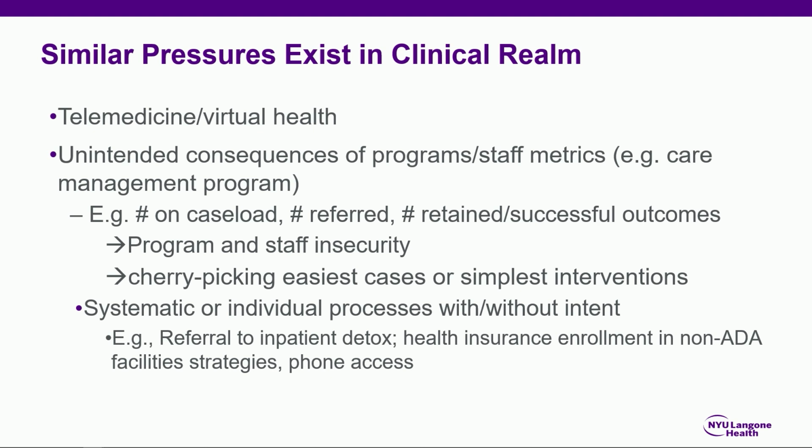There can be systematic or individual ways that you can do that cherry picking. In the past, I remember learning about health insurance companies with their enrollment being on the second floor of a non-ADA facility, which would be an example of intentional cherry picking.